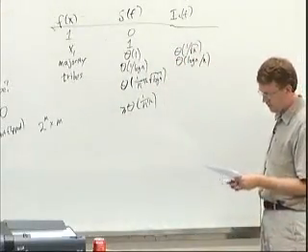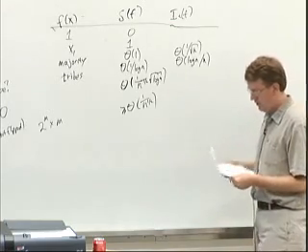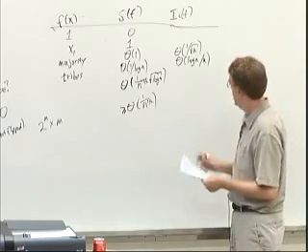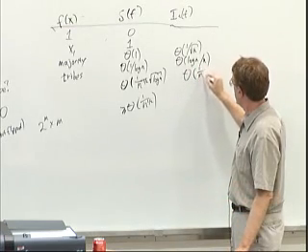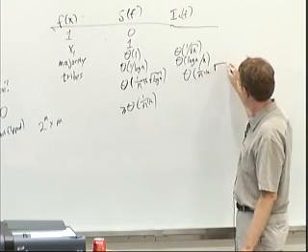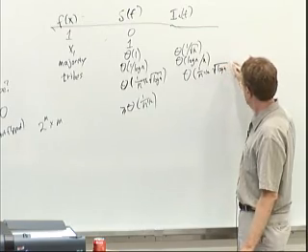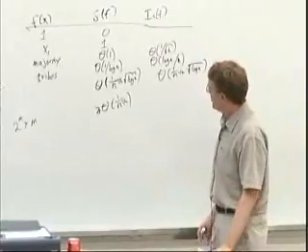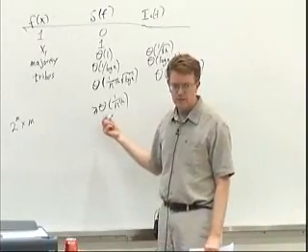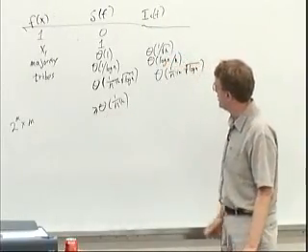And for this example, the influence is also 1 over root n times root log n. Then we also looked at monotone functions.